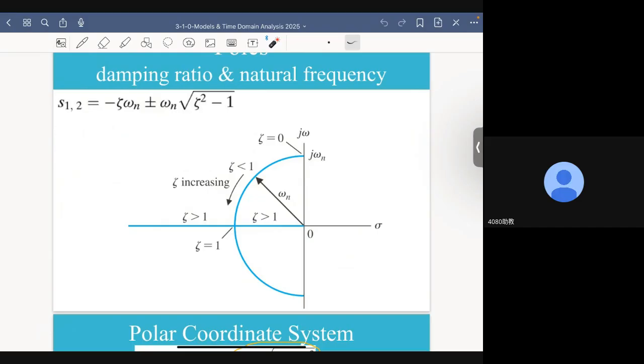So omega n pretty much determines how far away the poles are from the origin, okay? So geometrically, you know what eta and omega n do to the locations of the poles.